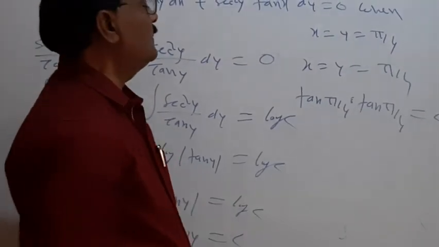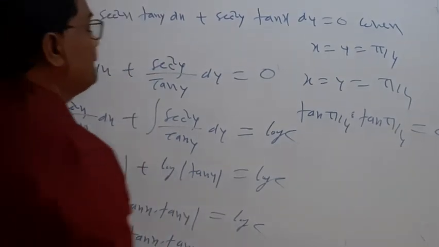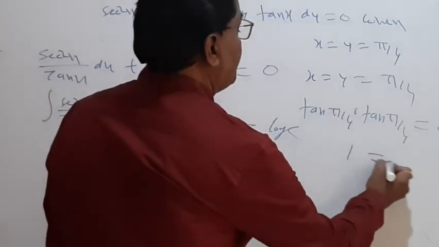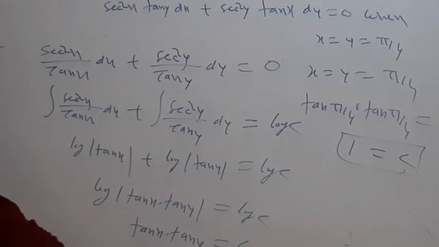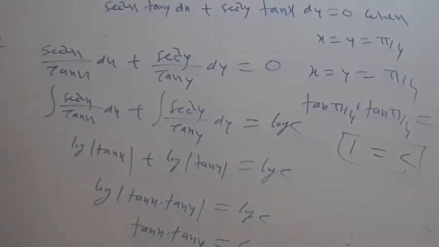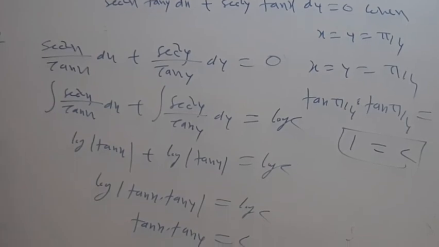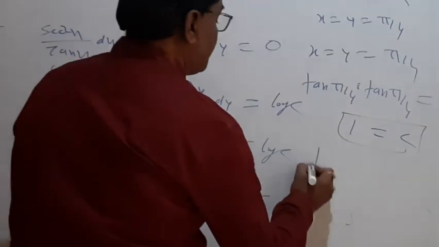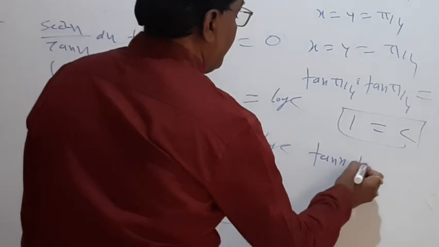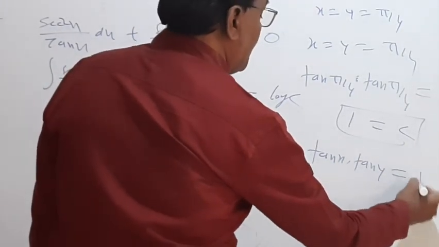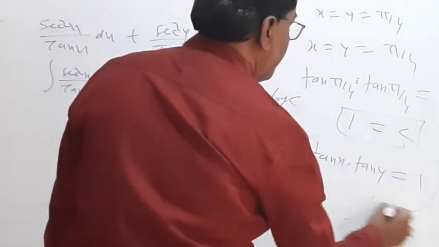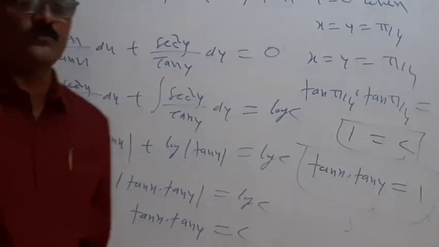So 1 is equal to c, c is equal to 1. Put c equal to 1 in the general solution and we get the particular solution. So the general solution becomes tan x into tan y is equal to 1, which is called the particular solution.